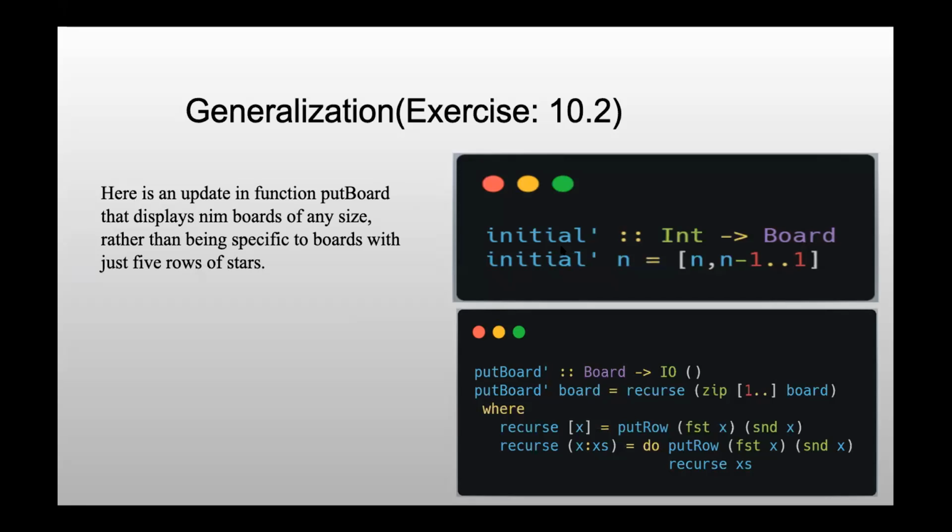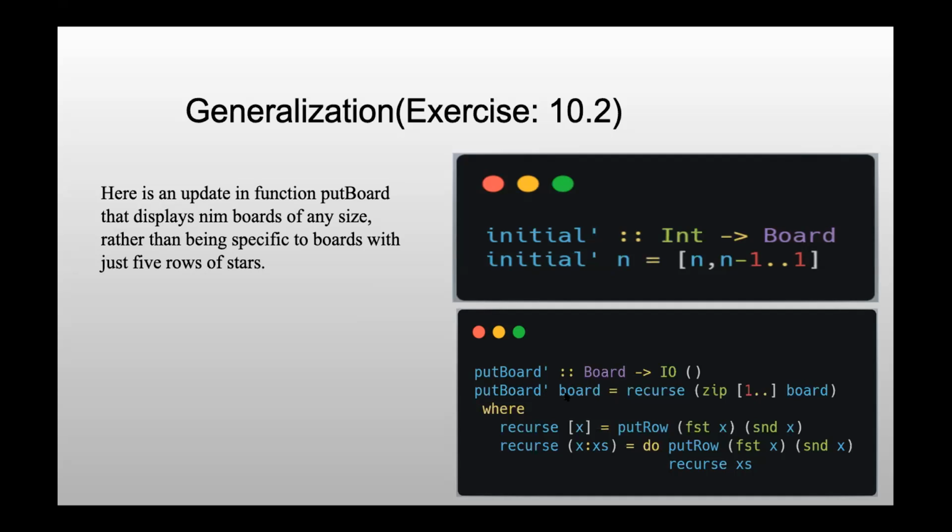So we have seen, initially we have given initial as a fixed 5, 4, 3, 2, 1, but now we are taking initial dash n, and then the list n, n minus 1 down to 1. And the putBoard function is modified in such a way that it will work recursively. I will explain.